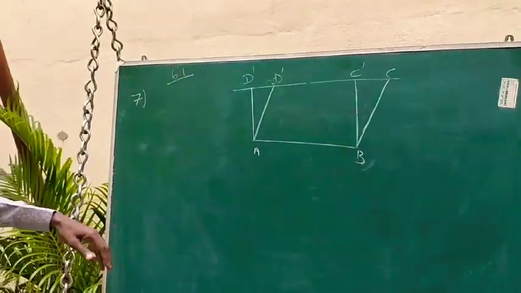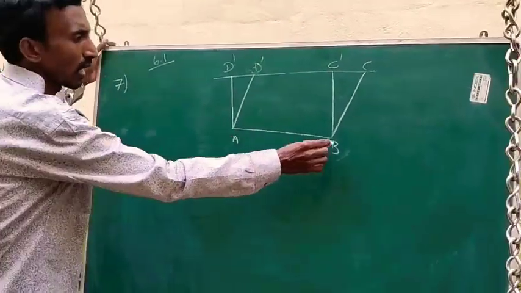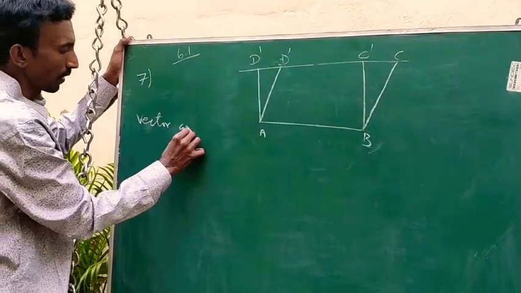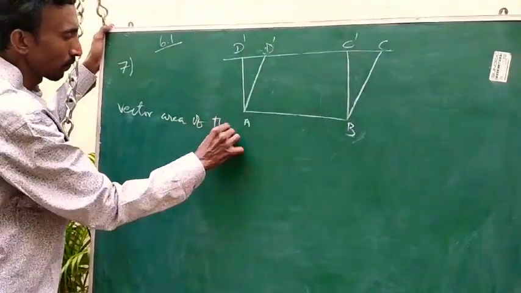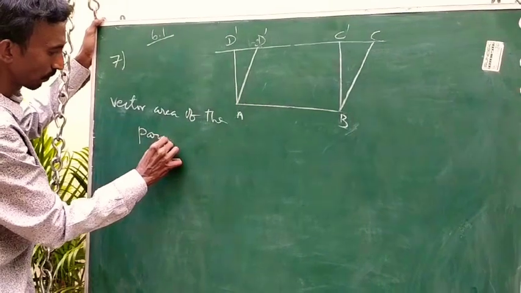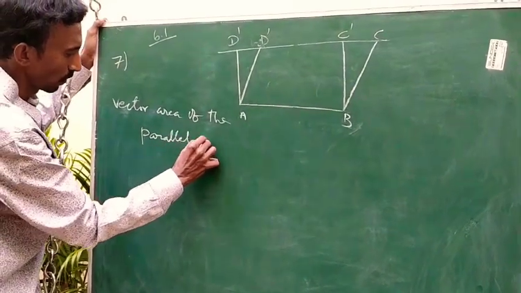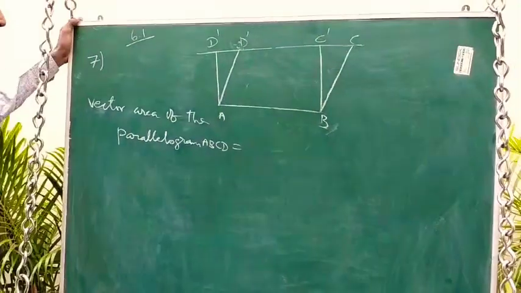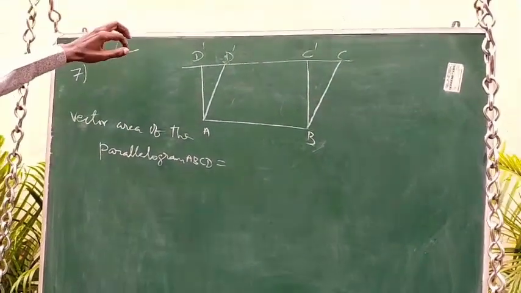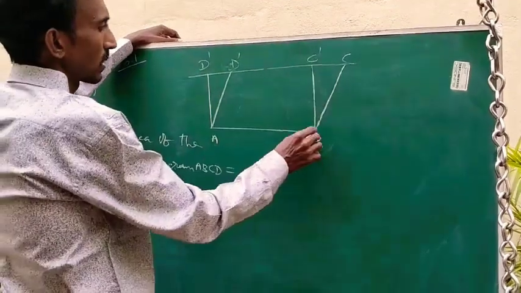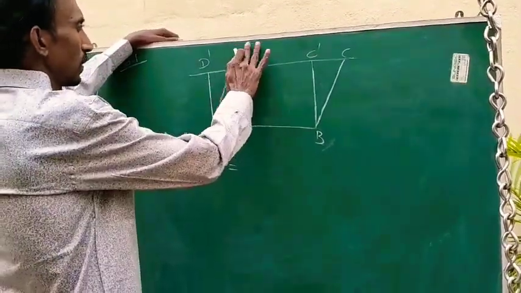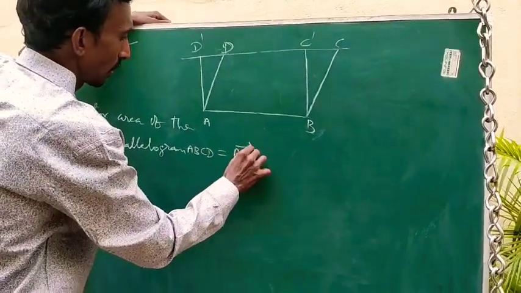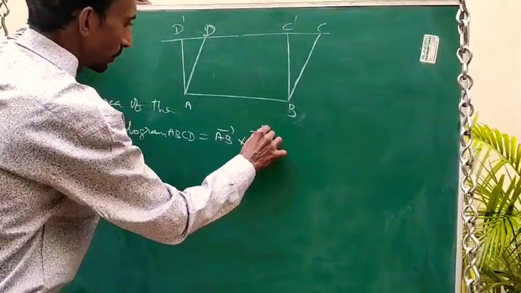So now we can find out the vector area of the parallelogram ABCD. We know that it is just the cross product of two adjacent sides. So it is AB cross AD.